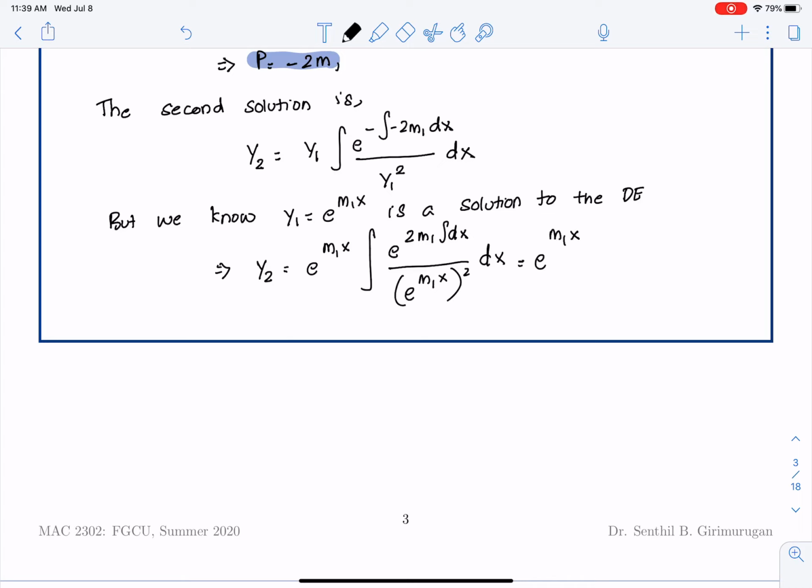In the numerator, when I integrate dx, I would get x, so the numerator becomes e raised 2m1x. The denominator, using the properties of exponential, would also become e raised 2m1x. Those two would get cancelled.